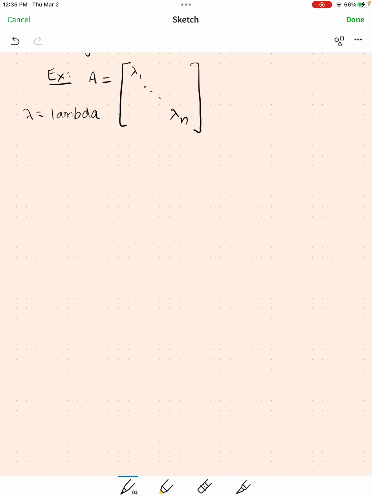Okay, can you come up with a bunch of eigenvalues for A? What happens if I multiply by this vector x? What am I going to get?